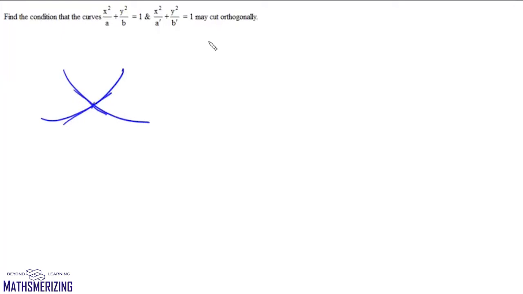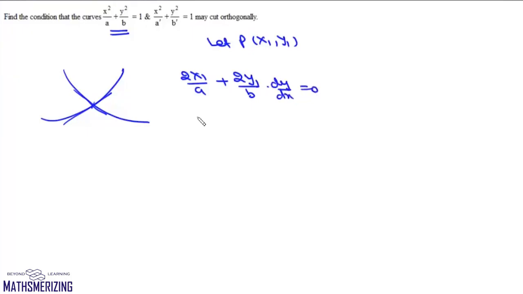Now we'll say, let their point of intersection be (x1, y1). Now we differentiate this curve. We can find the slope of the tangent, so it will be 2x1 upon a plus 2y1 upon b into dy by dx. It is 0, so we can write m1 as minus bx1 upon ay1.